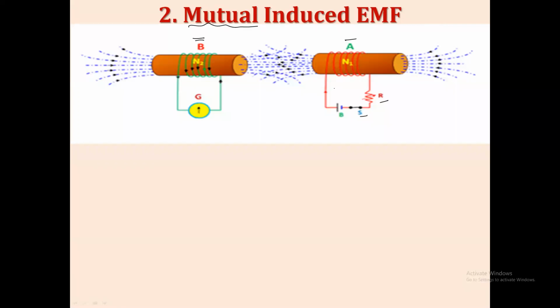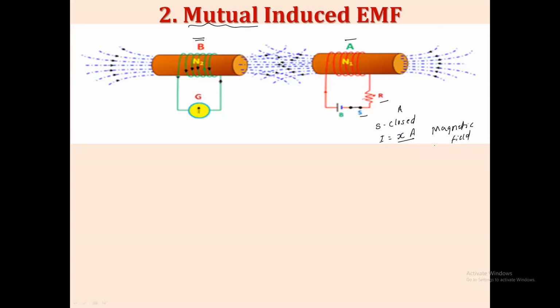Now, once again, all of you please pay attention here. When the switch S of battery A is closed, what happens? Momentary deflection. Current I flows through the circuit. Suppose this is X ampere. When the switch S is closed, a current flows and it will create the magnetic field.